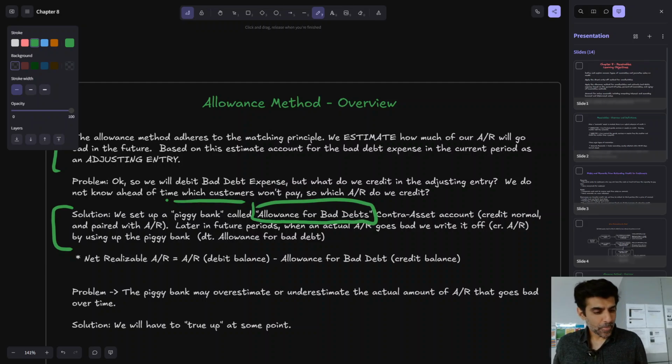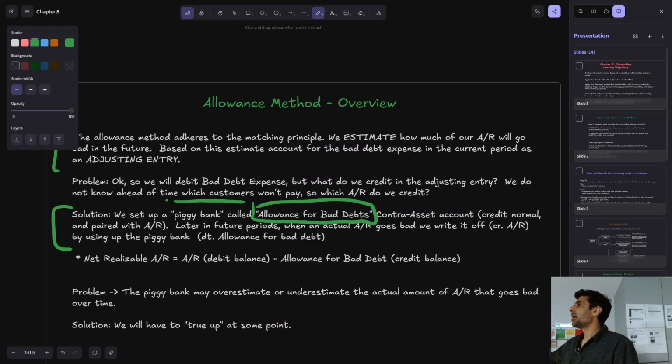It's a contra account. It's paired with accounts receivable. And then in future periods when we actually have accounts receivable go bad, we're going to reduce that piggy bank. I'll show you how that's done with the journal entries in a second.